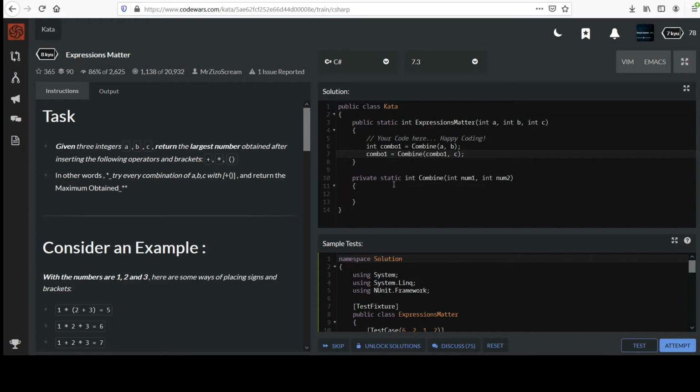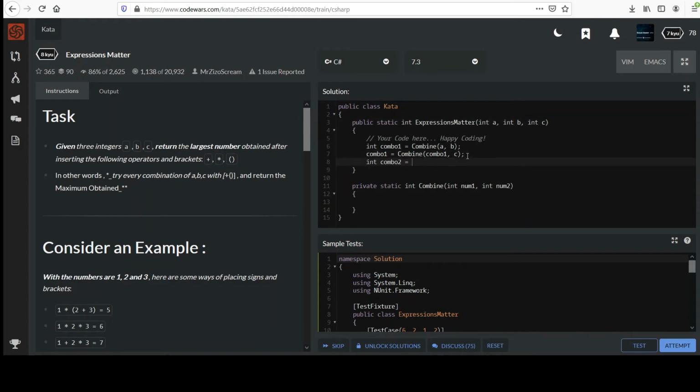And when I say that, I'll implement that down here, and we'll see how to get the max value for combining two numbers under the rules that we have. And so, okay, we had this combo 1 that started with the first two parameters, and the only other way to do it would be to start with the second two, combine those, and then combine that result with A. That's it. Those are the only two.